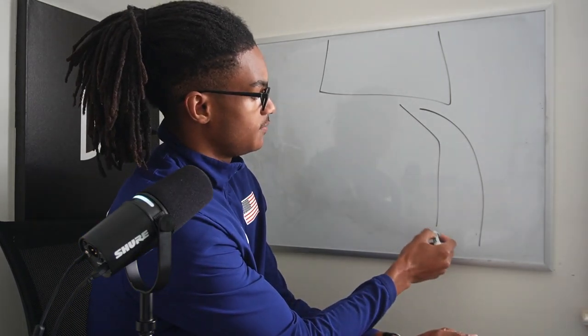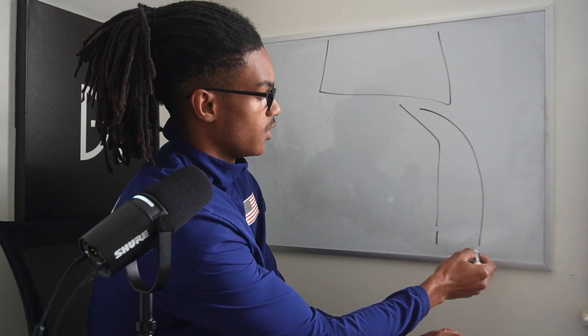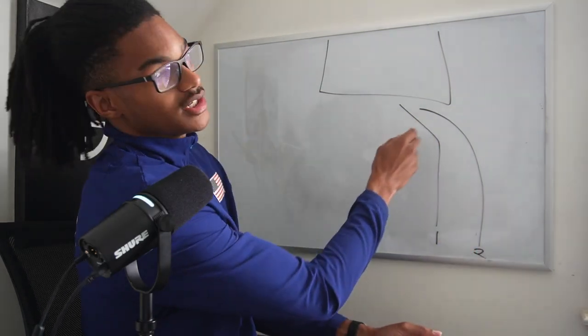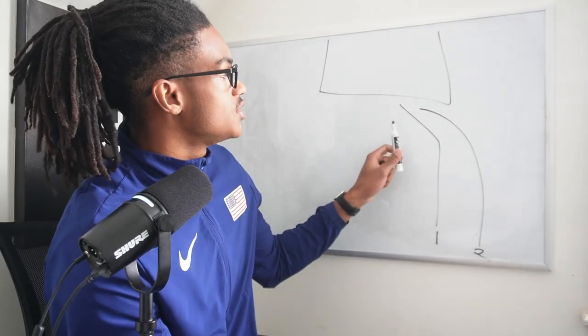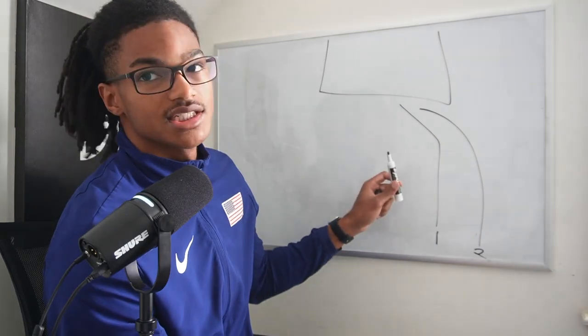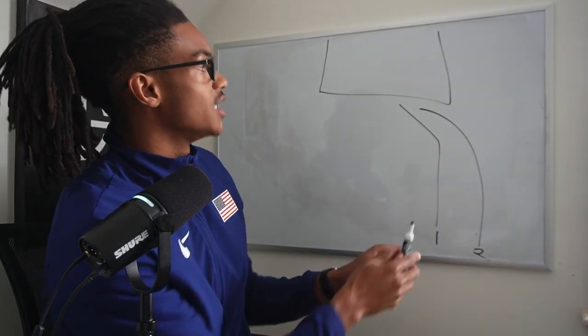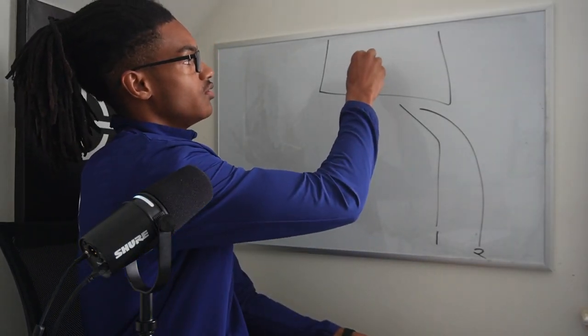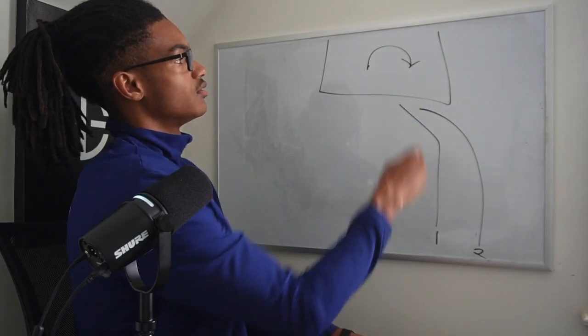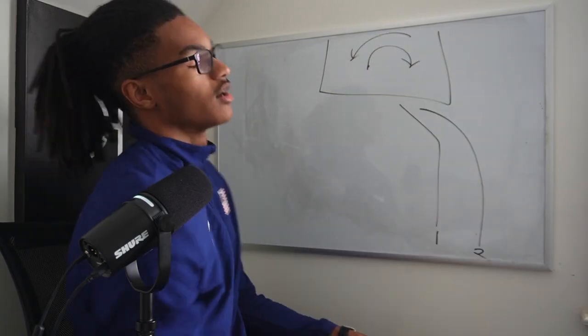So when you come here and you run an approach like number one, this prevents your body from getting into a position that's going to rotate over the bar.